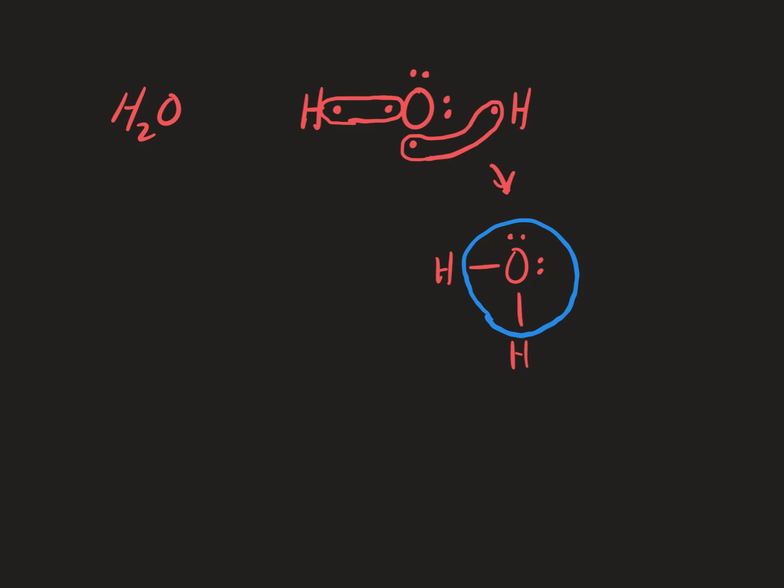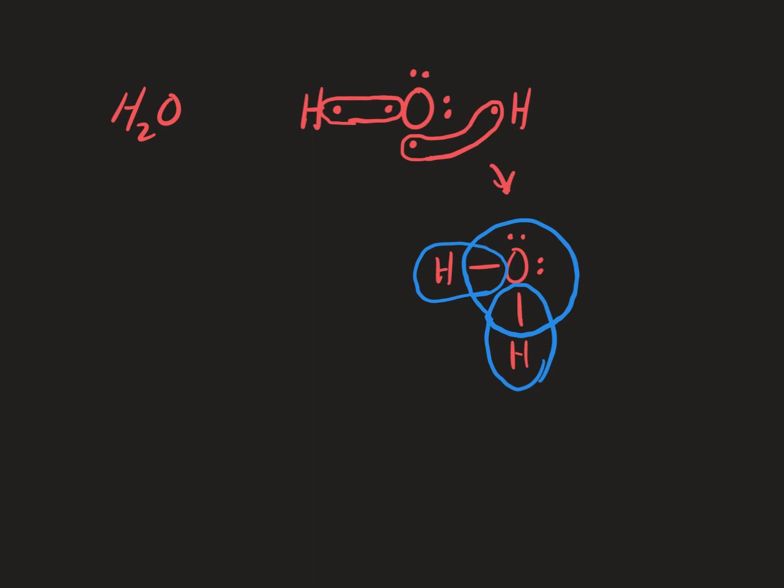There's also an octet, so to speak, around the hydrogen. Now, for hydrogen, the octet is 2 electrons, right? Because it is mimicking the electron configuration of helium, which is stable. So we've got 2 covalent bonds there, and the circles are just representing the octets. If we've got octets all the way around, we've got a good molecular structure.